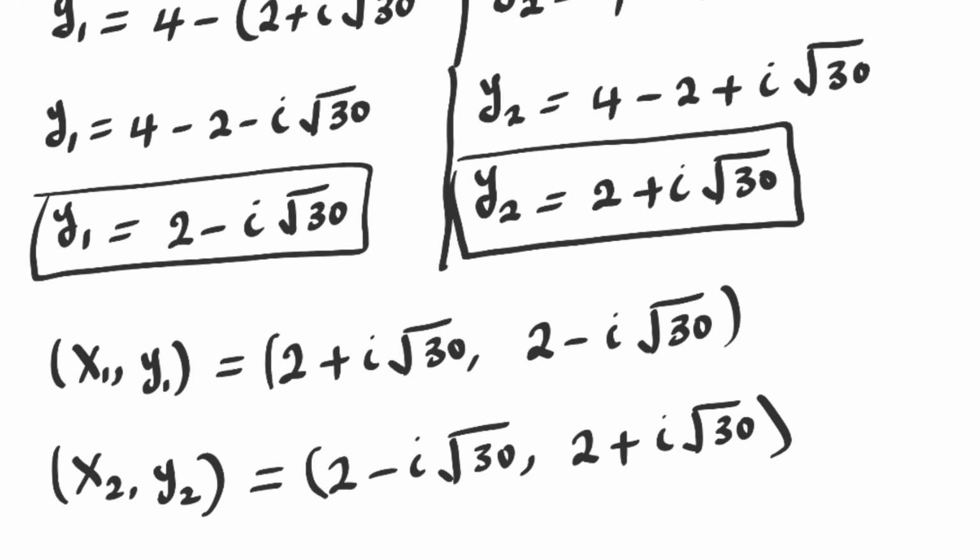You can see that the value of x1 is equal to the value of y2, and the value of y1 is equal to the value of x2. We may check to confirm if this answer is right or wrong.